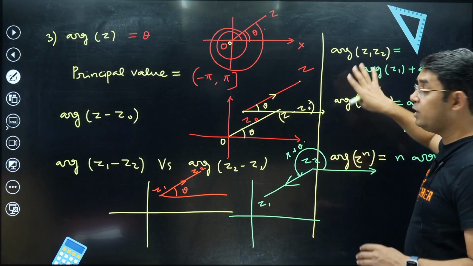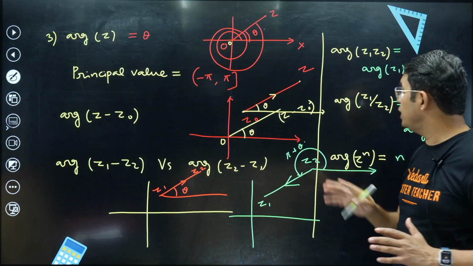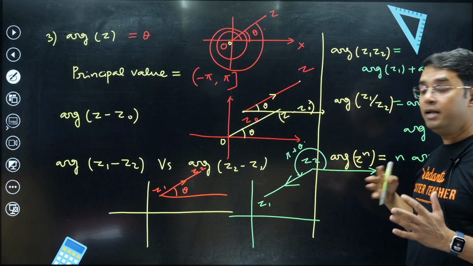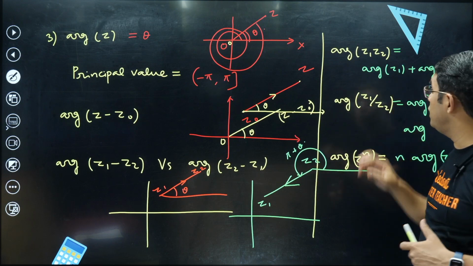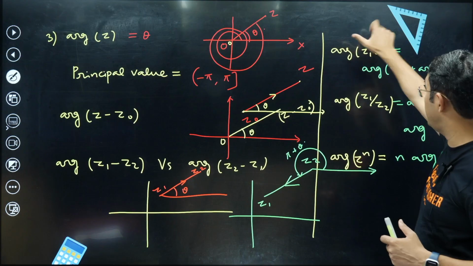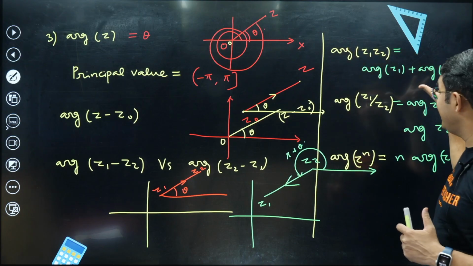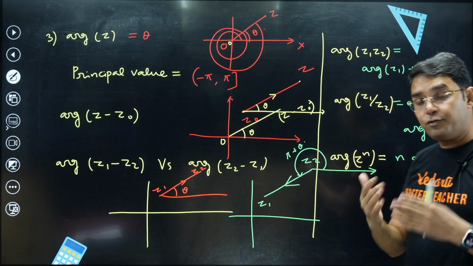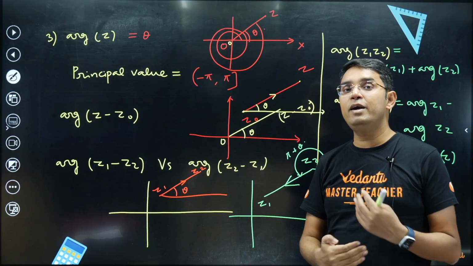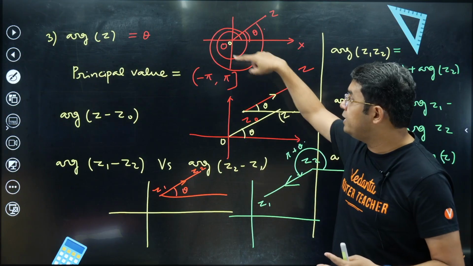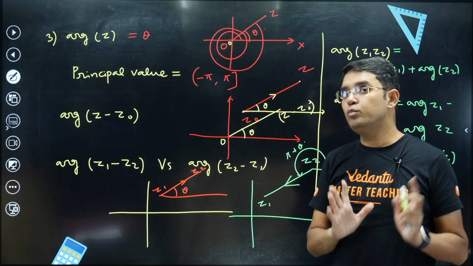So you can add 2 pi or 2n pi on either side to make the other side equal. This equality will definitely hold for one of the values of argument here and one of the values here, but a difference of 2 pi is okay, because we know argument has infinitely many values, all differing by multiples of 2 pi.